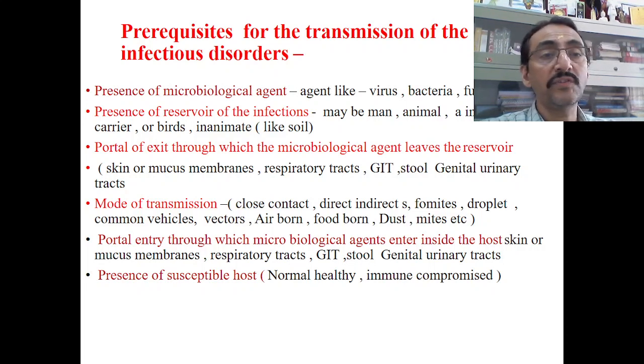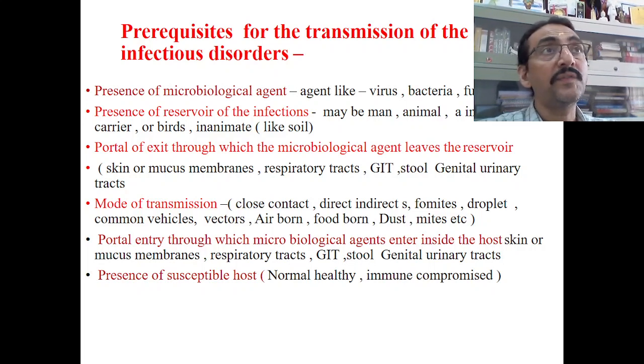It may be through the skin, or the mucous membrane, or the secretions of the respiratory tract, or the GIT, stool, urine, or genitourinary tract and its secretions. This is how the infection present inside the reservoir's body goes out, and now it may infect another person.